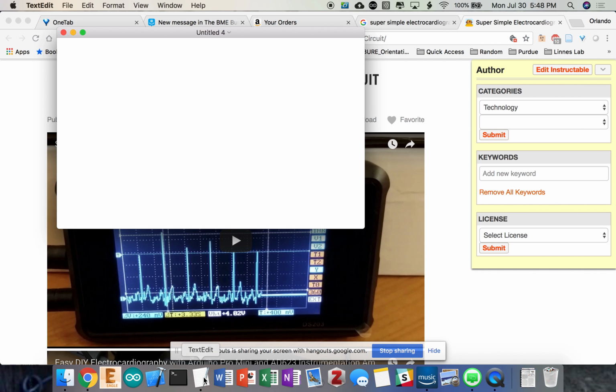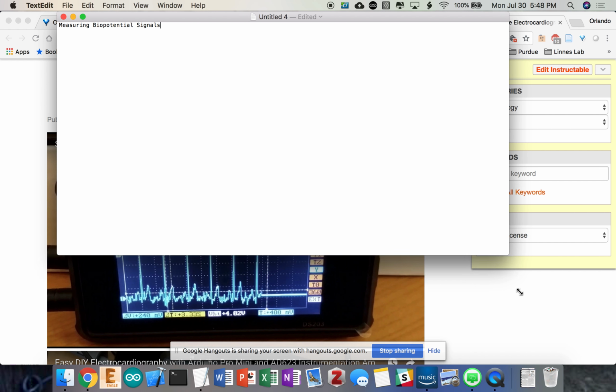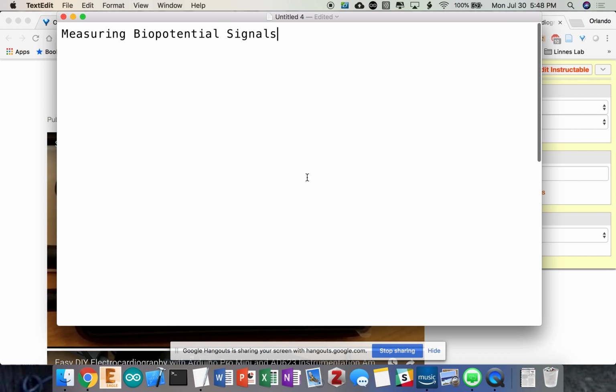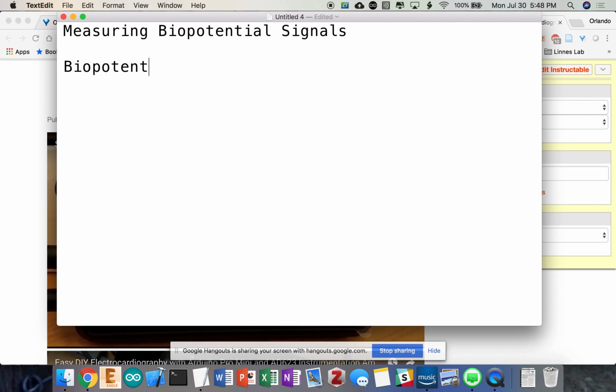Let me pull up my notepad here. And this can go into the documents. Measuring biopotential signals. So I guess we can define these slightly. Biopotential signal, any electrical signal produced by a biological system.